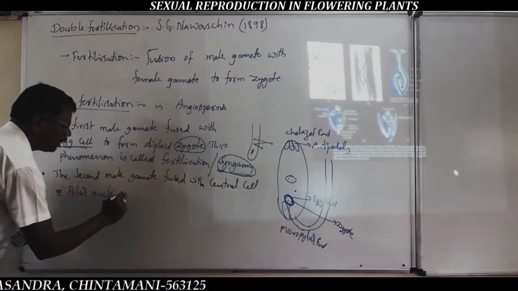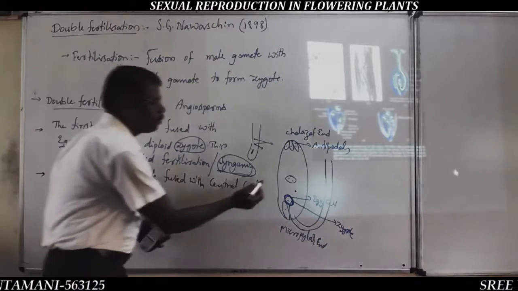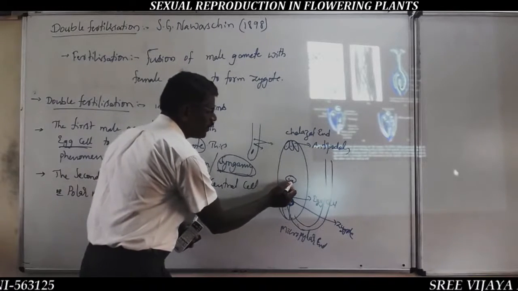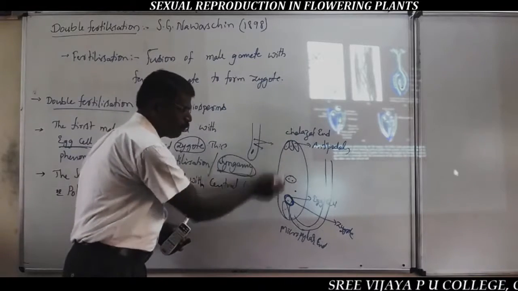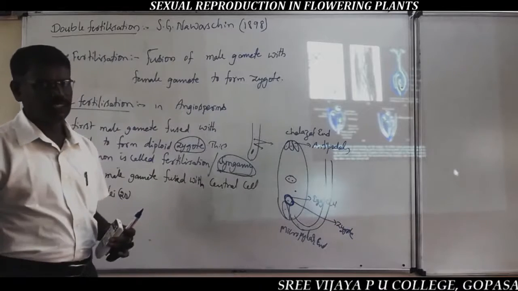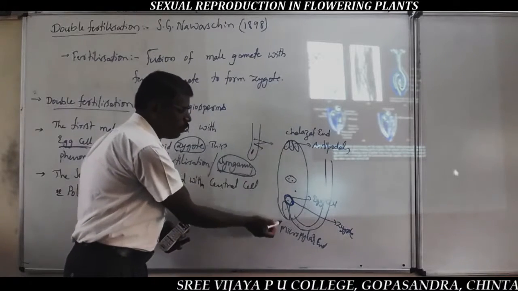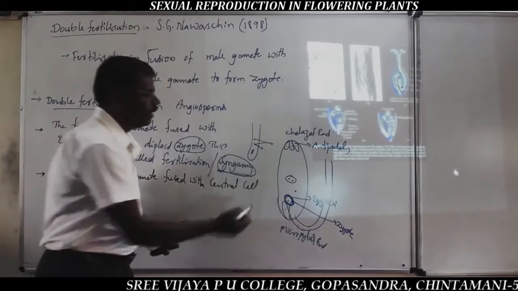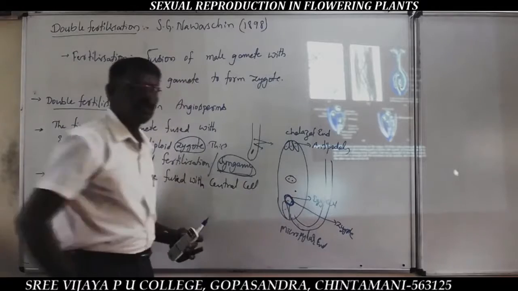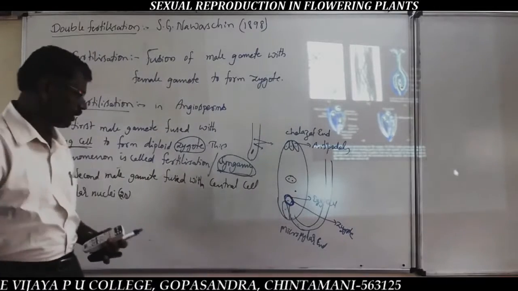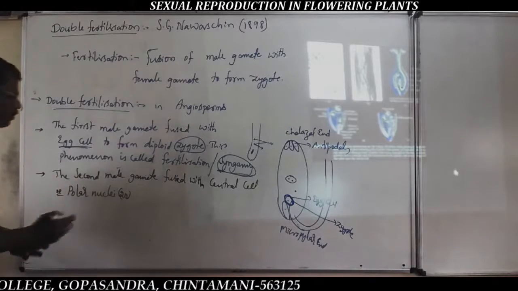These polar nuclei are diploid. The polar nuclei consist of two nuclei, formed at opposite poles. One nucleus from the chalazal end and one nucleus from the micropylar end fuse to form the central cell. The central cell consists of two nuclei, hence it is diploid in nature.